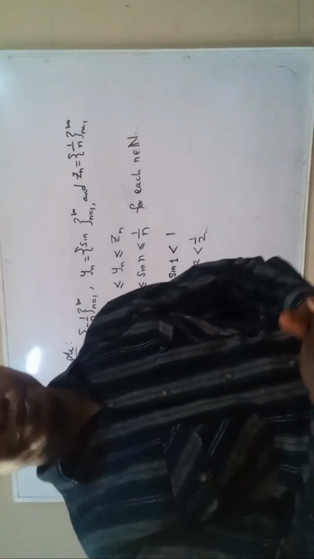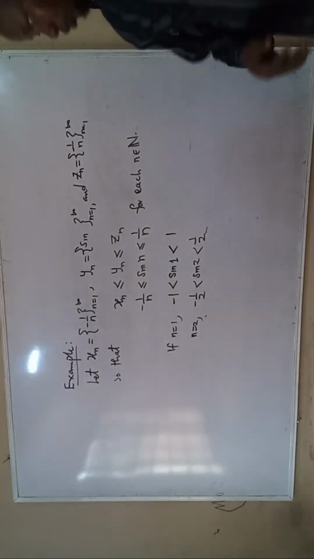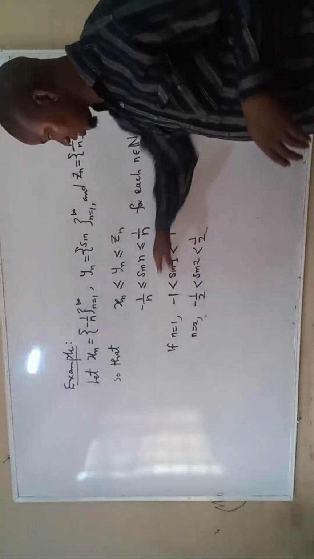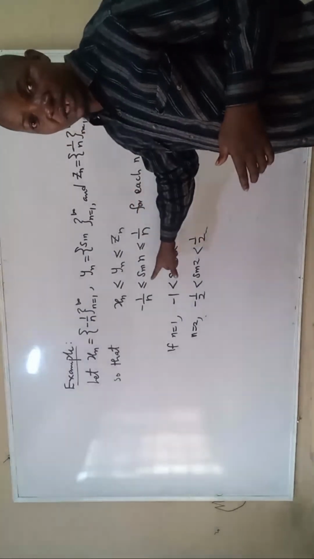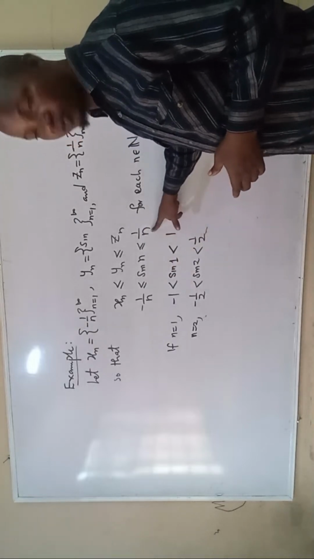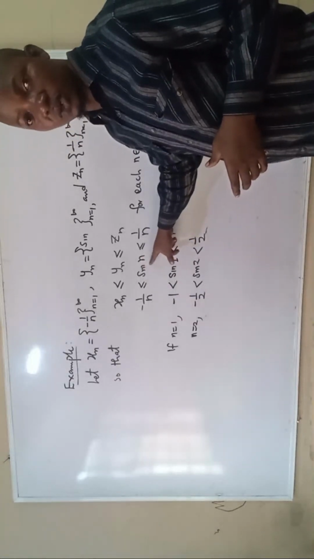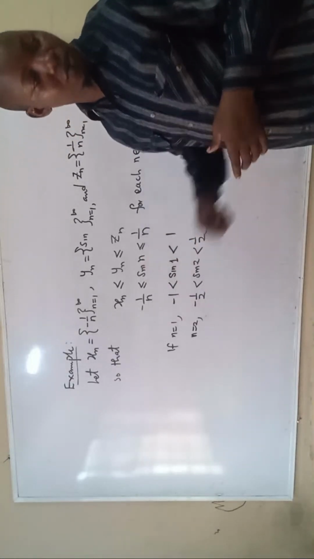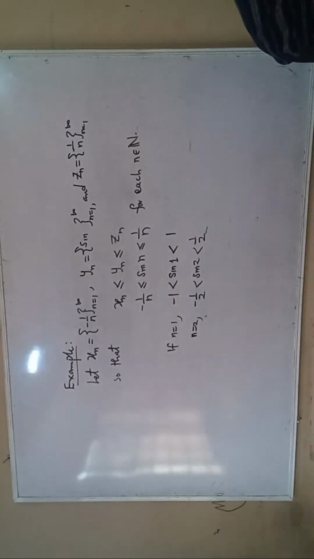So we want to confirm that the inequality is satisfied, so that even if we don't know any information about the convergence of this, we know about the convergence of these two, and we can use that to see that the sequence also converges. So let us simply confirm that here.